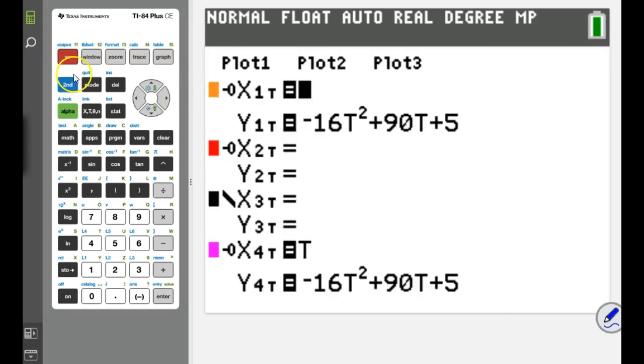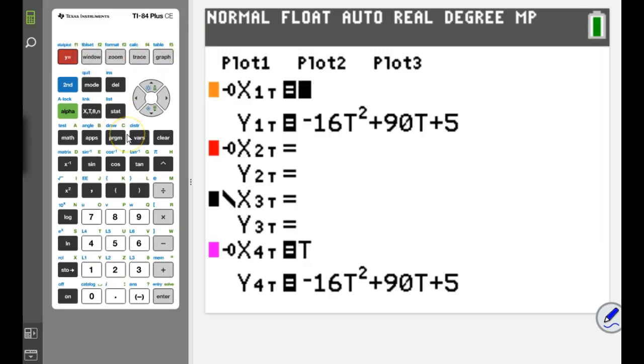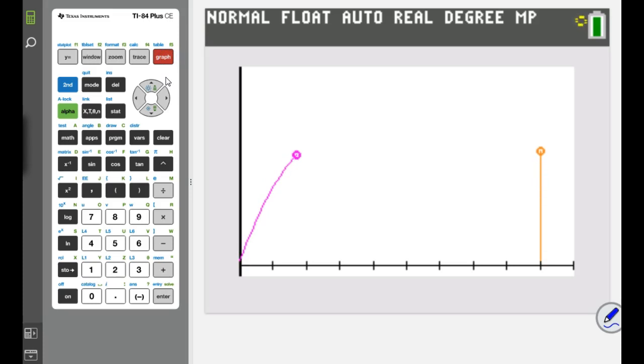Now, before we go any further, I'm going to change this number just so it'll do it again. Don't worry about it. You don't need to do it. But watch the ball. I want you to watch the two. The height is the same, right? Okay. One more time. I want you to watch my orange one only. Look at the orange ball and the speed at which it moves. Did anybody notice what happened?